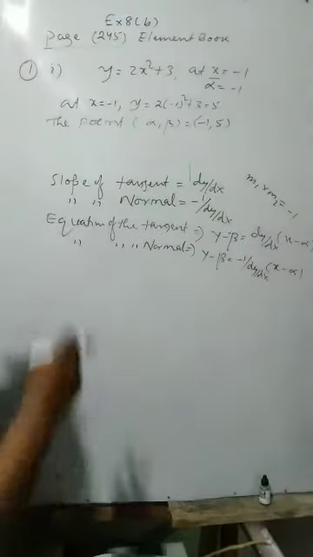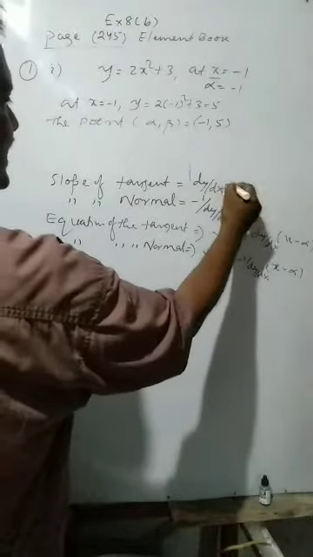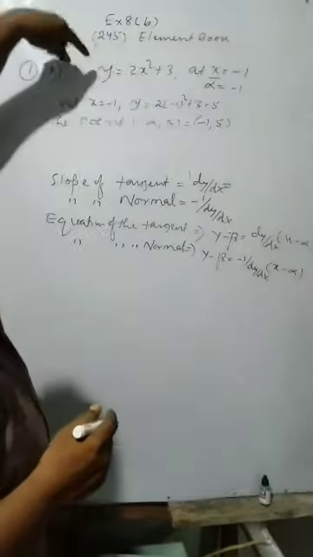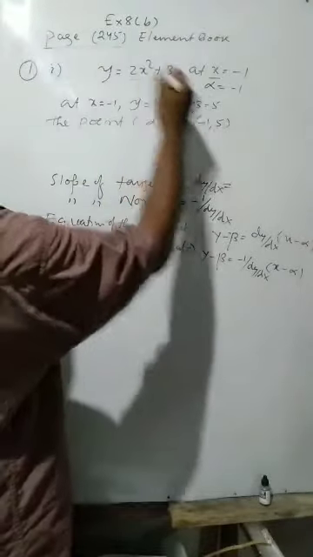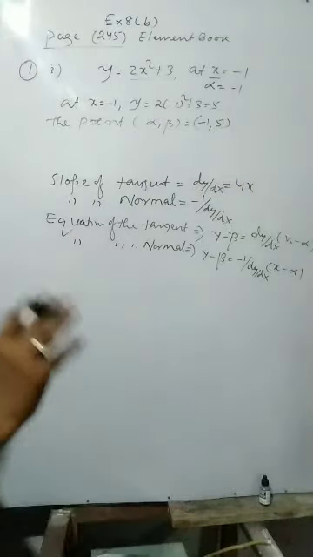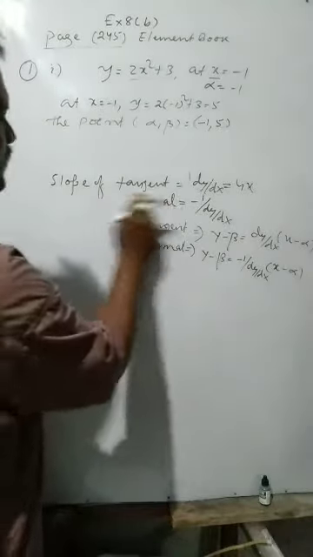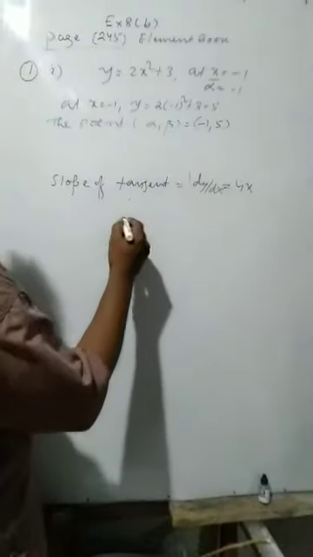This is alpha beta. Now we have to find the slope of the tangent equal to dy by dx. Here y equal to 2x square plus 3, find the derivative, then we get 4x plus 0. Now dy by dx equal to 4x.